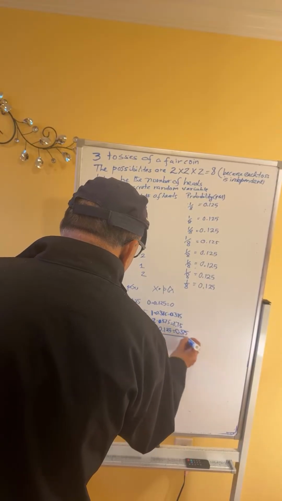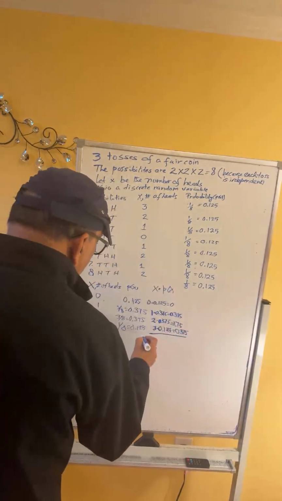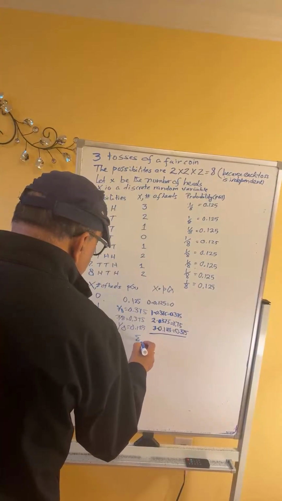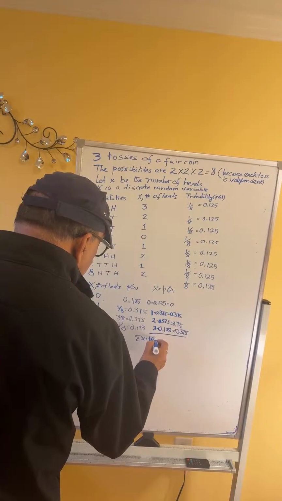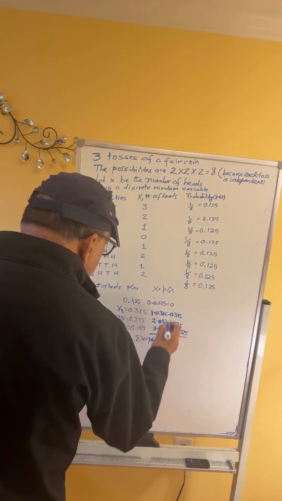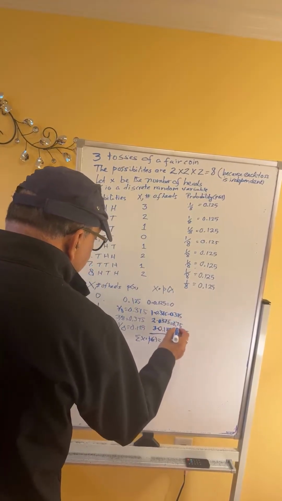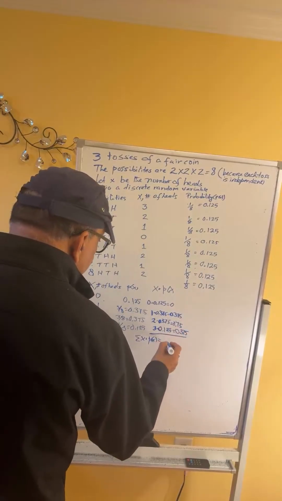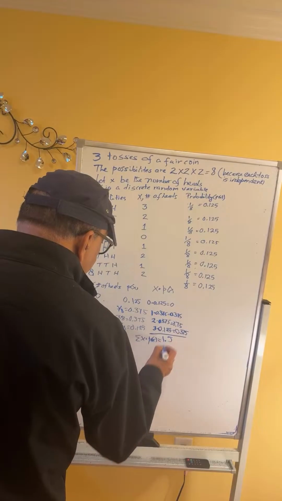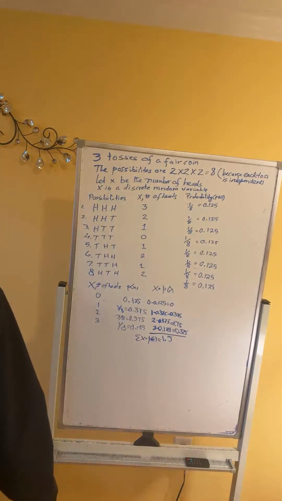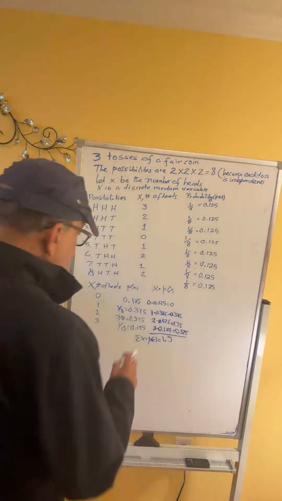Now if you add this column, the sum of x times p of x becomes equal to 0 plus 0.375 plus 0.75 plus 0.375, which is 1.5. You may wonder, why am I doing x times p of x?